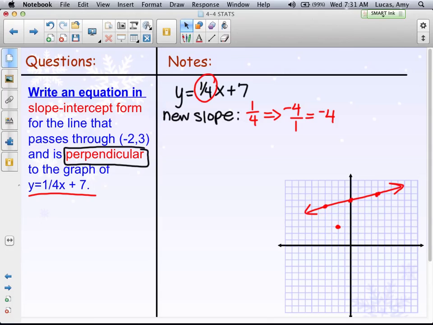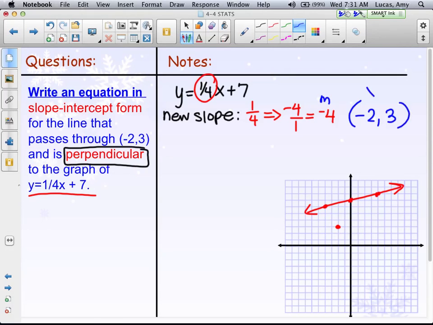Okay, so I've got my new slope. My slope is m. I've got my point, (-2, 3), so x1, y1, and I can substitute in point-slope form. So change the slope first. That's the only difference on the perpendicular problems. We have to change the slope first.